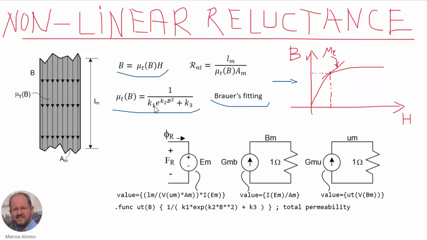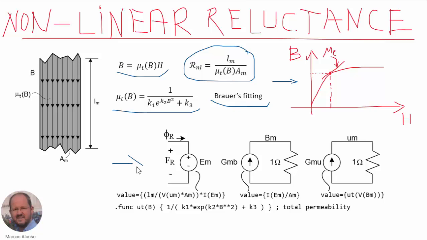In this fitting, we have three parameters, K1, K2, and K3, in order to model the behavior of the total permeability. In this case, the model corresponds to a reluctance or a resistance, but the value of the reluctance is going to depend on the magnetic flux density.